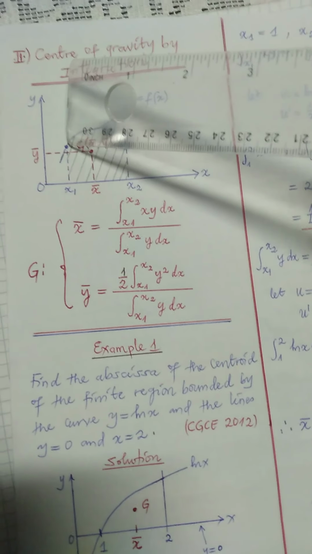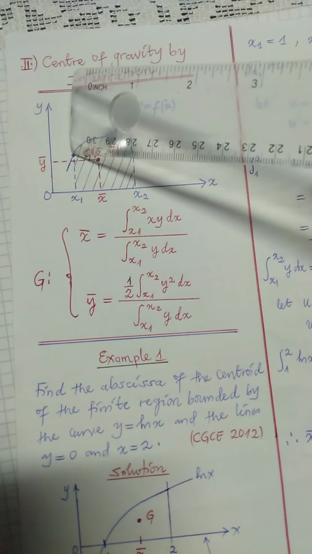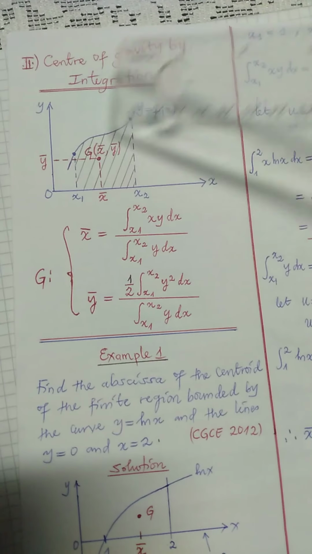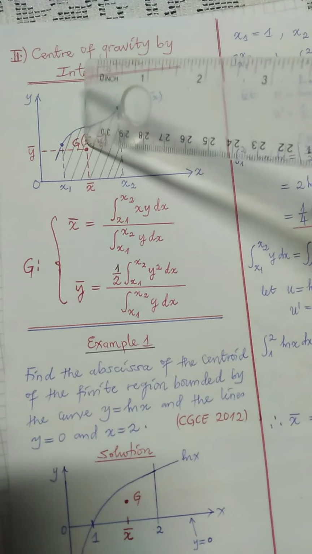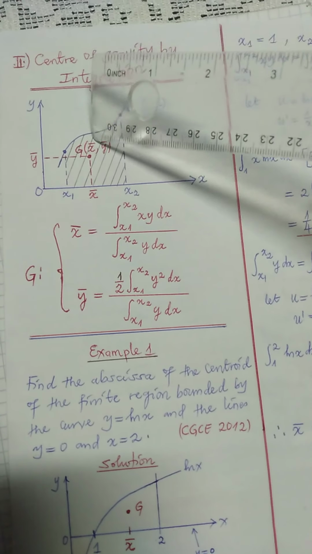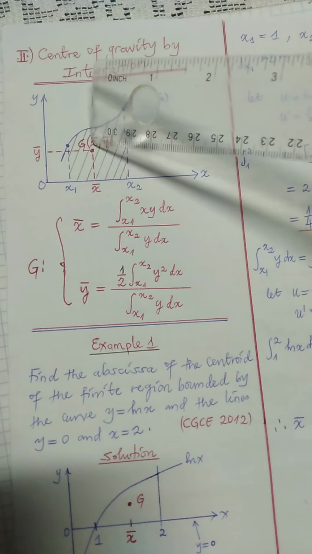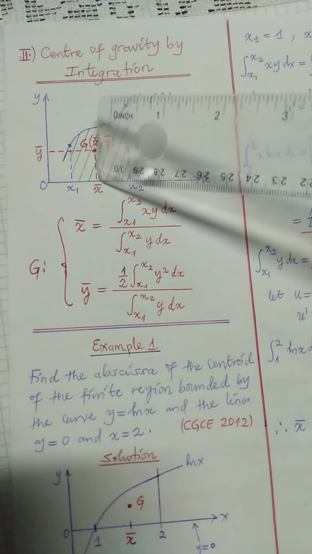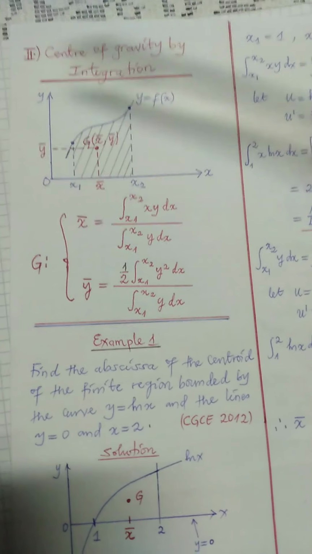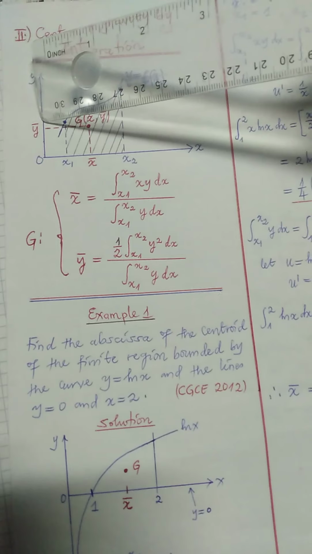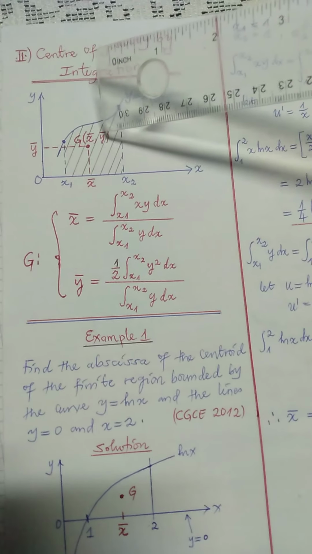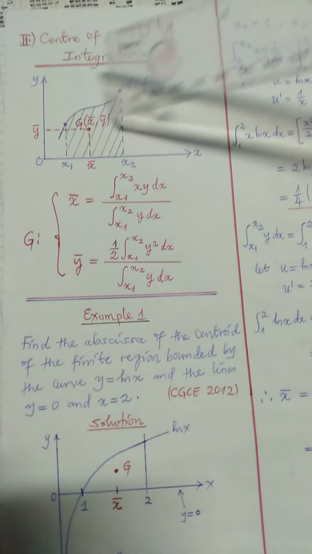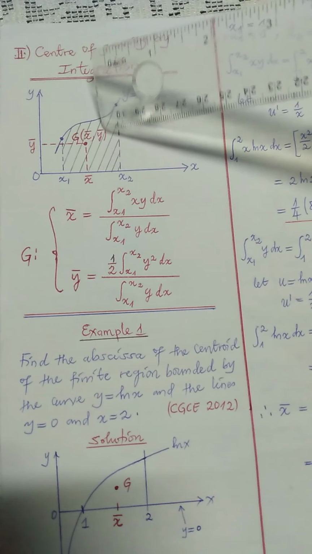A region under the curve enclosed by the lines x equals x1 and x equals x2 has center of gravity G with coordinates x bar, y bar. X bar is called the abscissa of G, while y bar is called the ordinate of G. Our aim here is to calculate x bar and y bar, that's to calculate the abscissa and the ordinate.